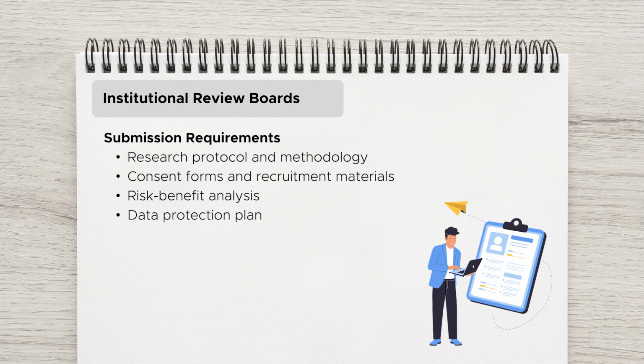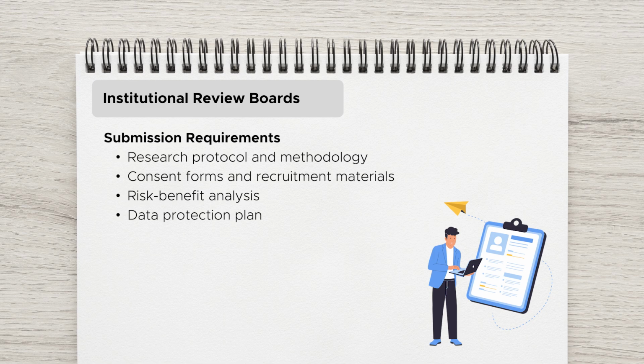Well, first and foremost, as a researcher, you have to fill out a detailed IRB form. This IRB form will note down the research protocol and clearly lay down the methodology which you are using for your research. The consent form and the recruitment materials should be made available as part of the IRB application packet.